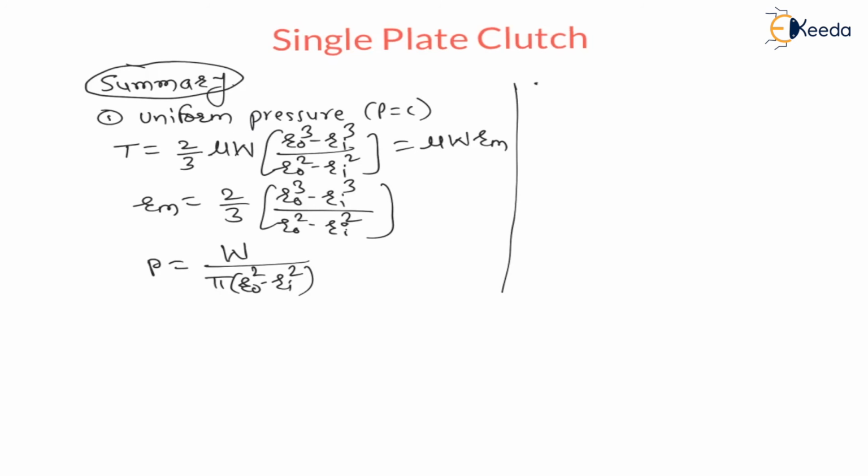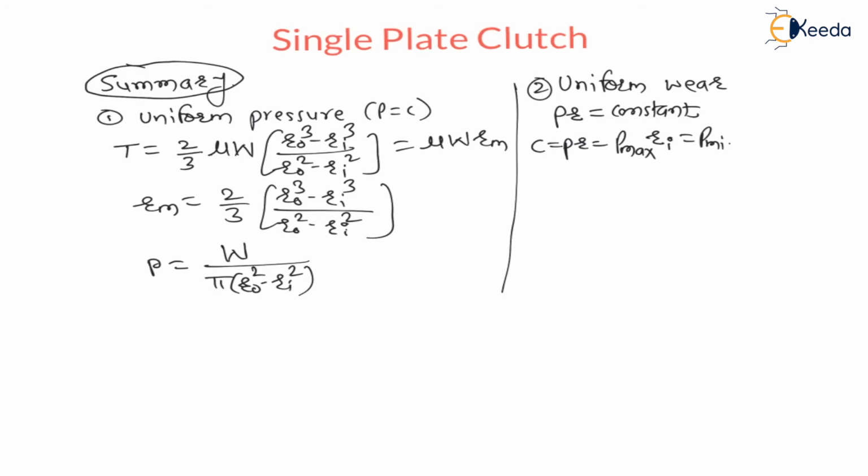Now, second, we will see uniform wear rate theory. As per uniform wear theory, the product of pressure and radius is constant. That means constant is equal to P R, which is P maximum into R minimum, Ri, equal to P minimum into R maximum, Ro.